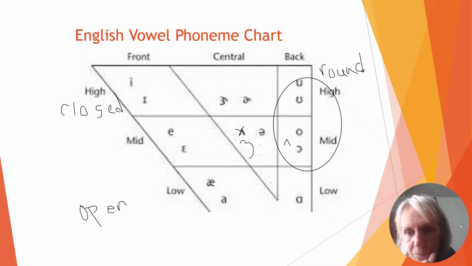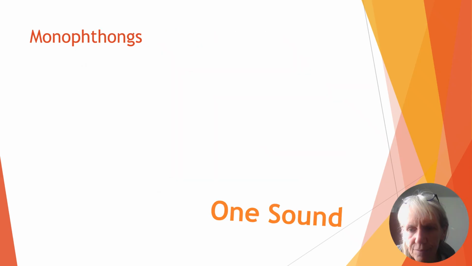In the back, if I go to that oo sound again, the tongue is back. It's still high, so the mouth is somewhat closed. Some of the other sounds are more open. We'll get back to this chart as we pronounce each phoneme, but for now I just want to show you what it looks like.